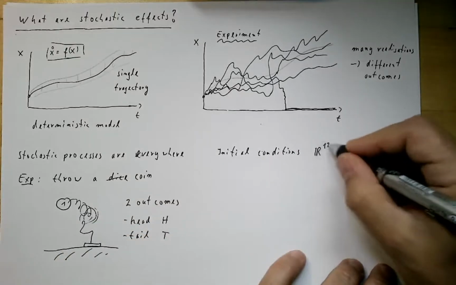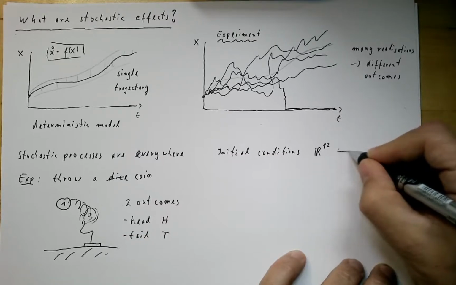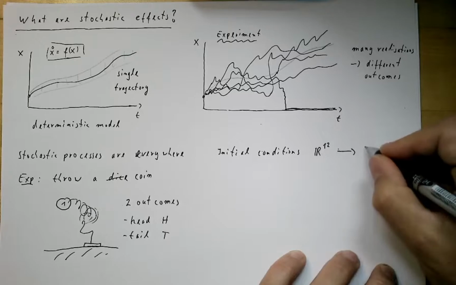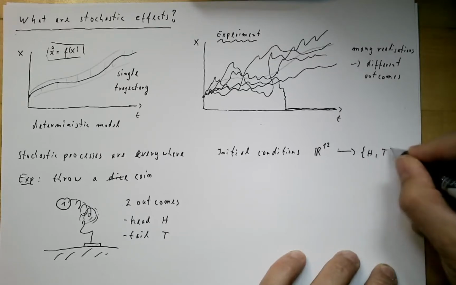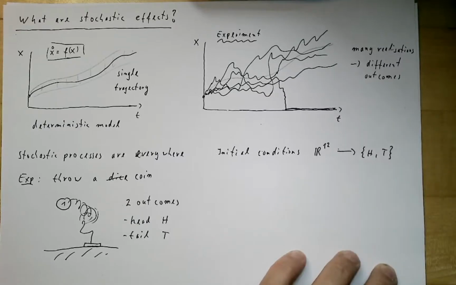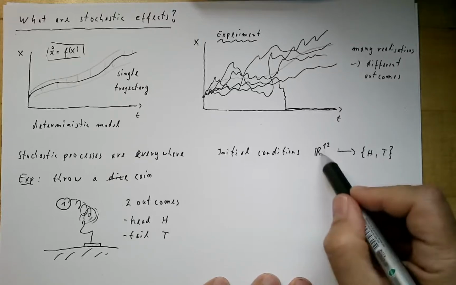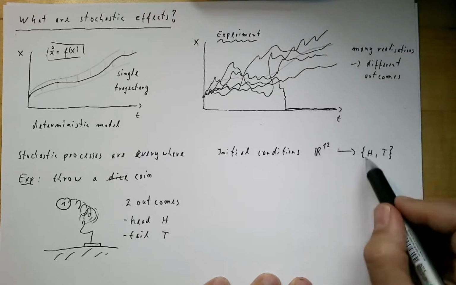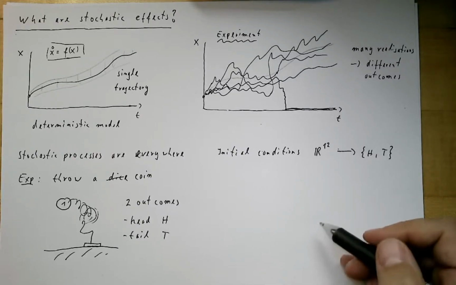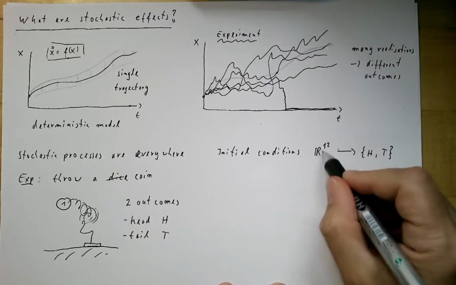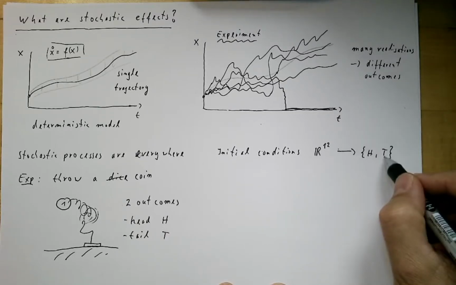And so from this high-dimensional space, this 12-dimensional space, we go to a very simple set of outcomes, because we can either have head or tail, so we go to a binary outcome. So we have a tremendous reduction in the dimensionality of our initial conditions to the outcome of the experiment. But in principle, if we know the initial condition here, we can, with our model, calculate the outcome.